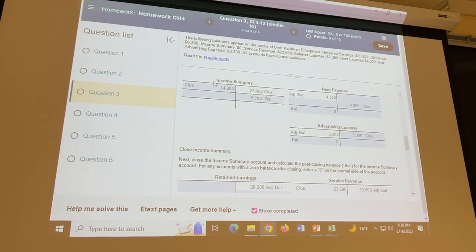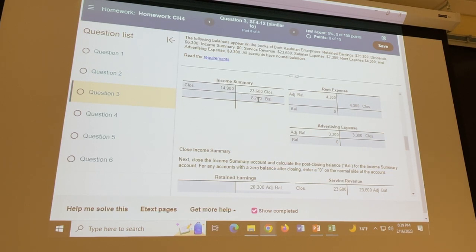It may not make sense why you're doing that, but when you're going through the closing process, the credit entry that you'll make to the income summary is when you are closing out the revenues, and the debit entry that you make to it is when you're closing out the expenses.